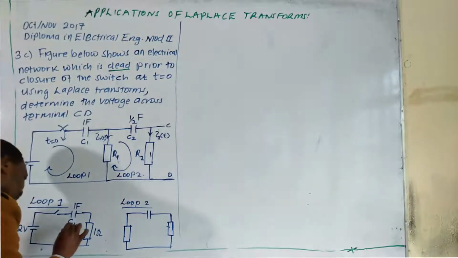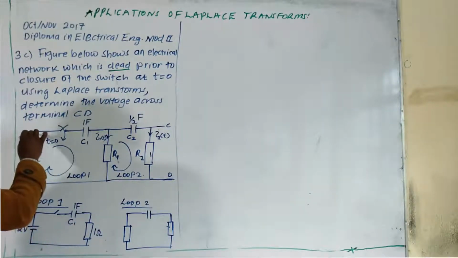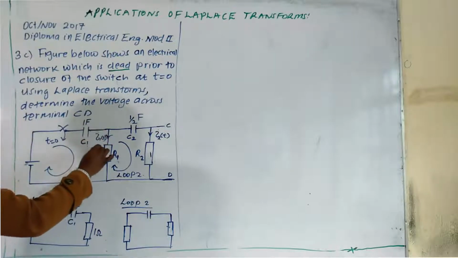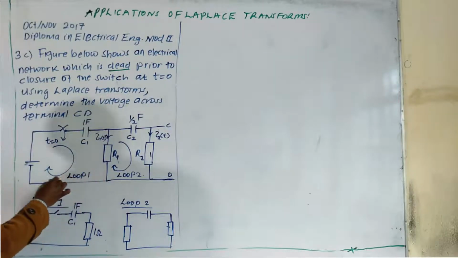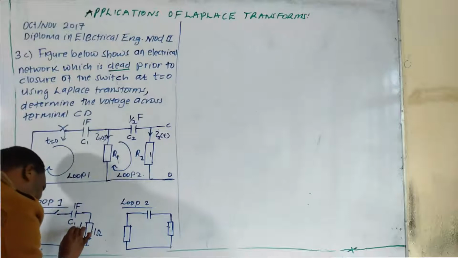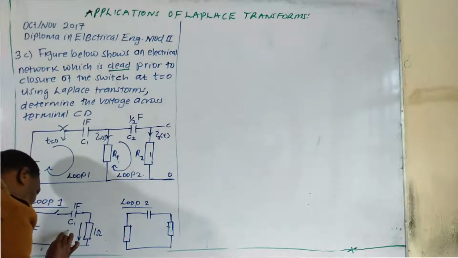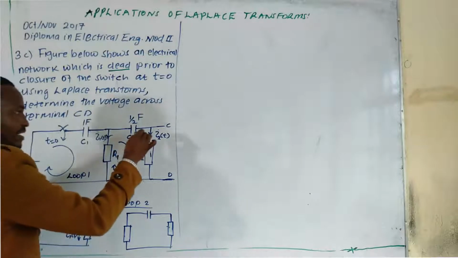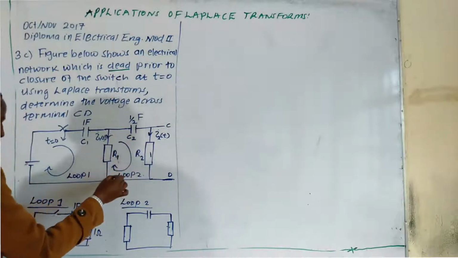You see this current I1 on this resistor is going downward. So you have I1 of t here, but on the same resistor, current I2 of t will be going upward.